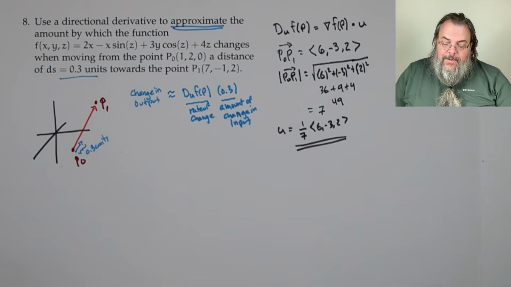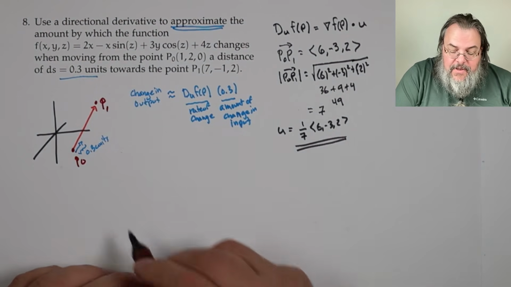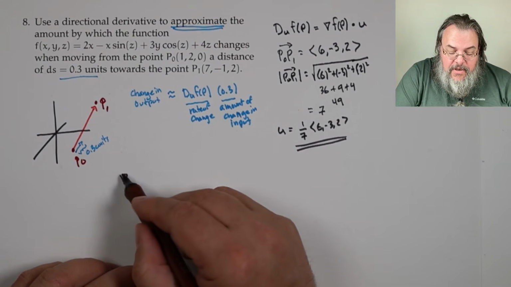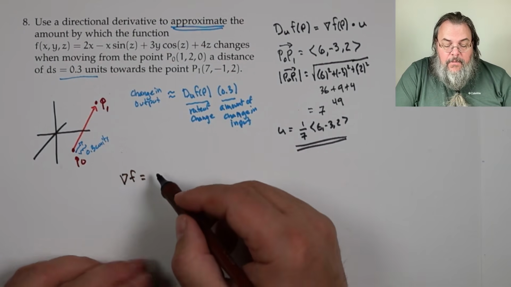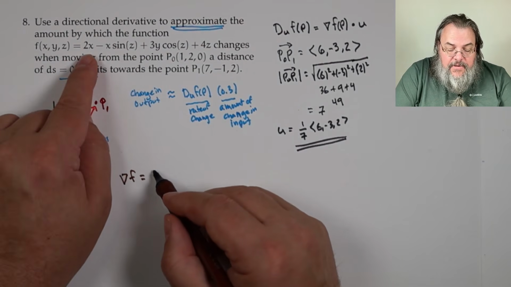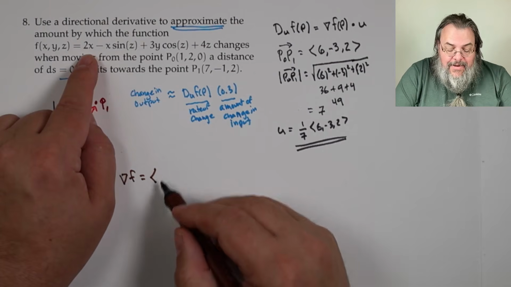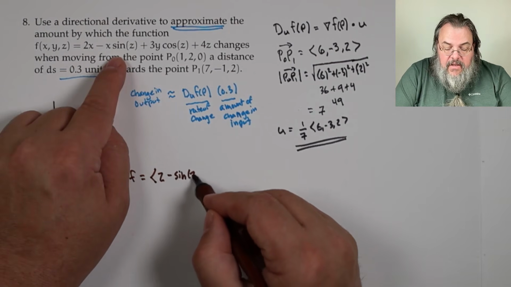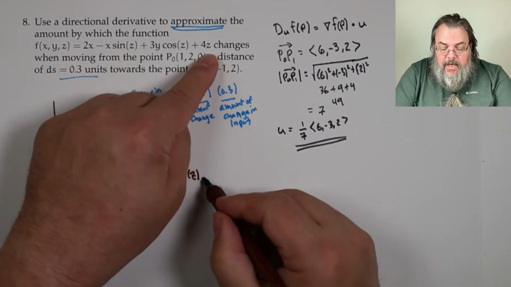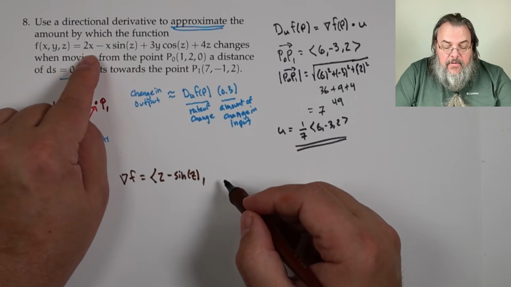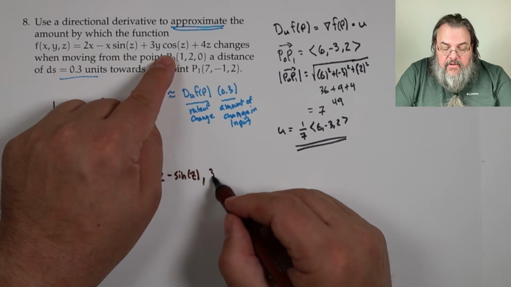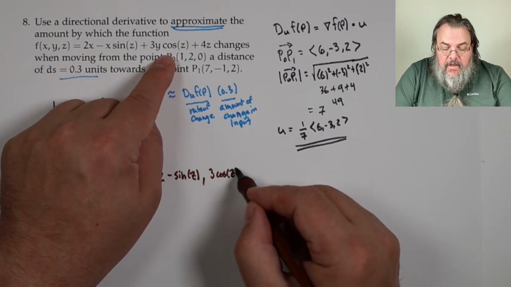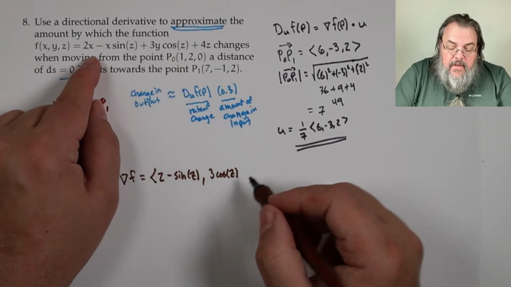All right, no worries. We've done these kinds of computations before. So the gradient of f, well, take the collection of partial derivatives. Derivative with respect to x, 2 minus sine of z, and that's it. Take derivative with respect to y, 3 cosine z, and that was pretty quick.